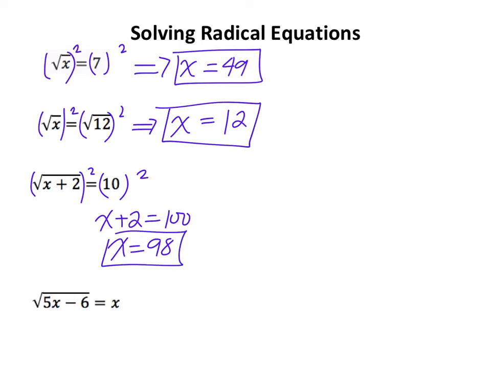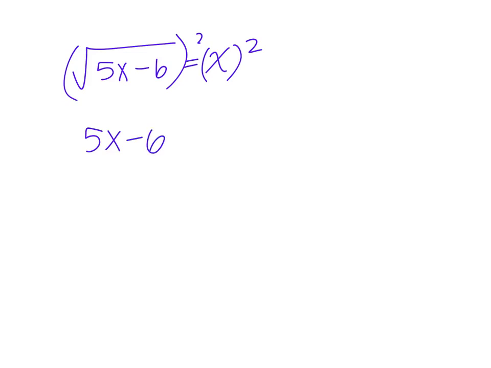For this last one, actually, let's take a new page for the last one. Square root of 5x minus 6 is equal to x. I'll square both sides. That's 6, sorry. So we have 5x minus 6 is equal to x squared.